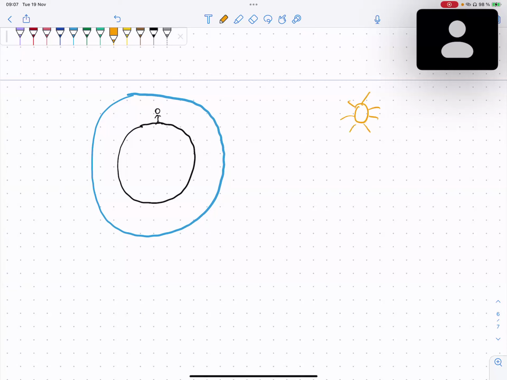At the sunset, the light goes through this part of the atmosphere. During the midday, it goes through this part of the atmosphere. Let me write L1 and L2. And obviously, L1 is much bigger than L2. So this is at sunset.